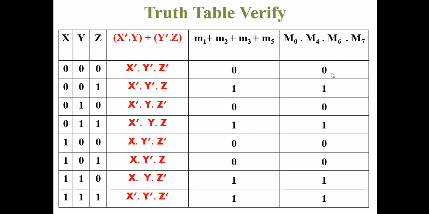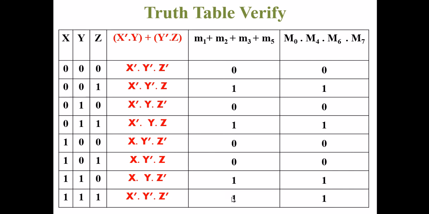You just need to derive the whole table. Here it's a bit confusing. Just need to write the combinations for m1, m2, m3 and m5 and then add them simultaneously.